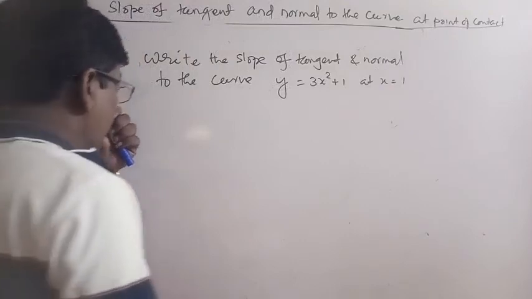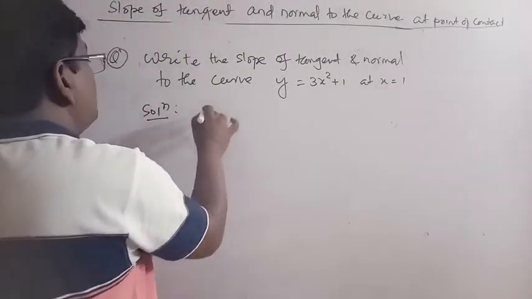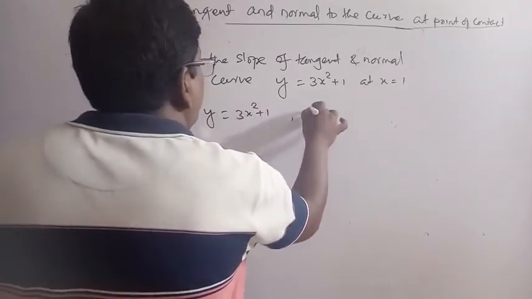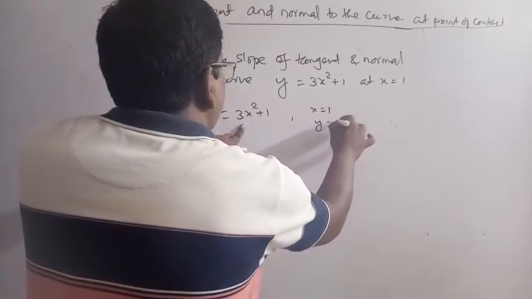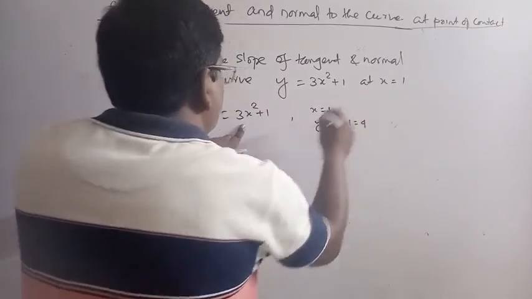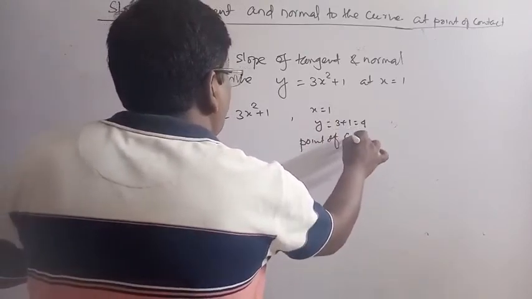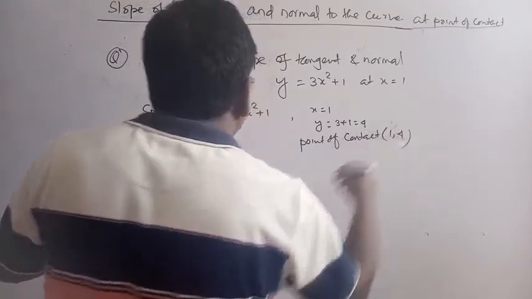Here, solution: y is equal to 3x squared plus 1, x is equal to 1 means y is equal to 3 plus 1, that is equal to 4. So the point of contact is 1 comma 4.